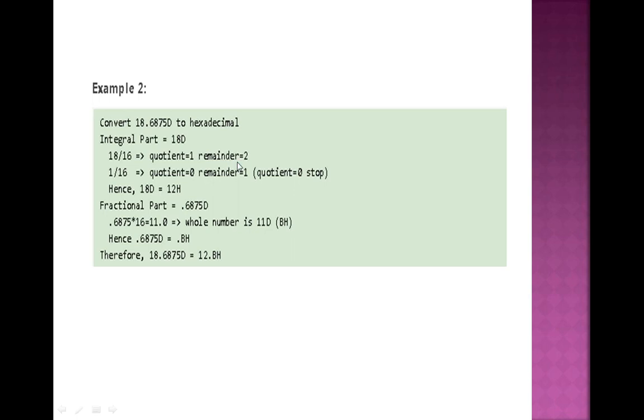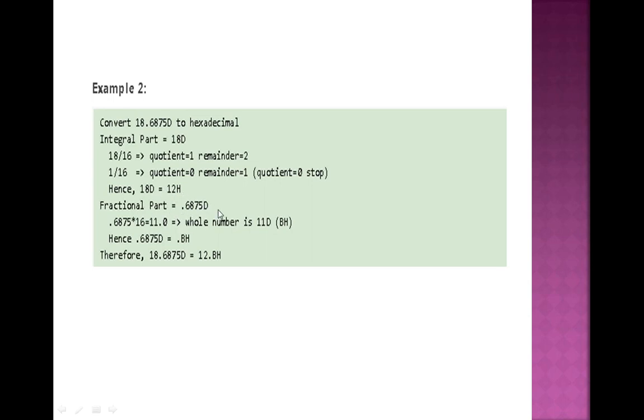Then 1 divided by 16, quotient is 0 and the remainder is 1. Stop over here. So the output is 1, 2, read from bottom to top: 12 hexadecimal. Now, the fractional part.